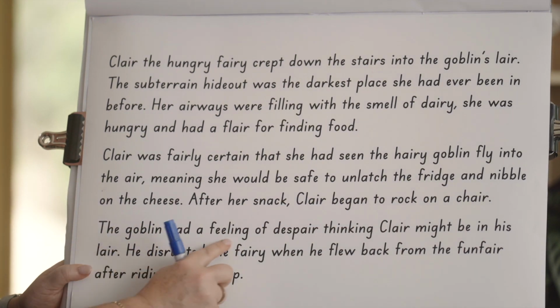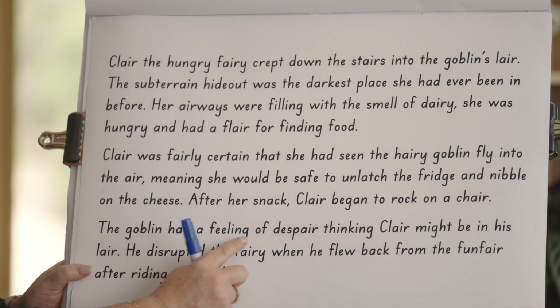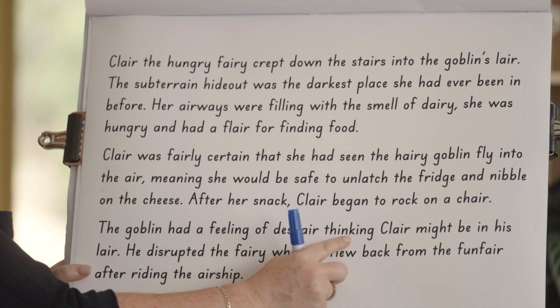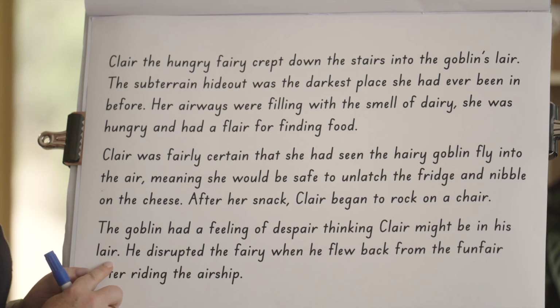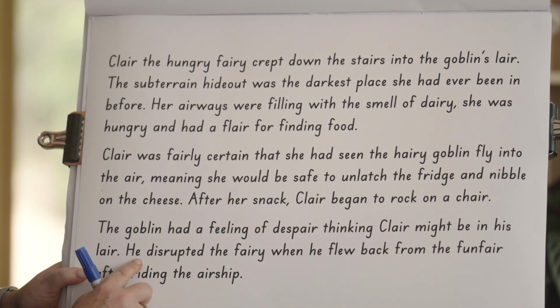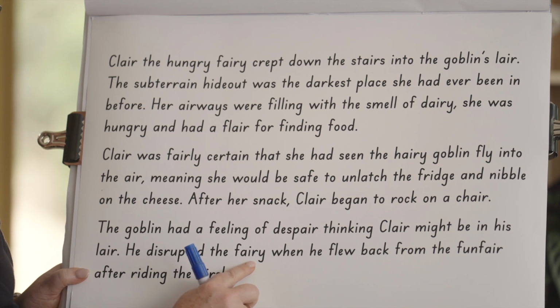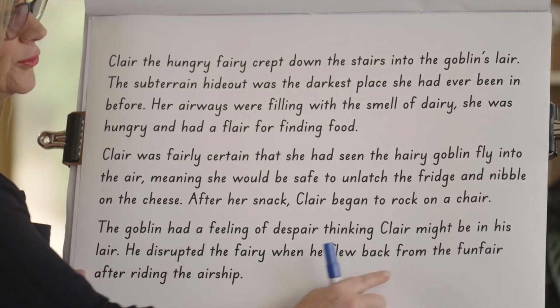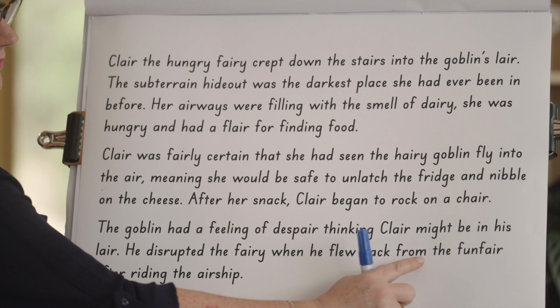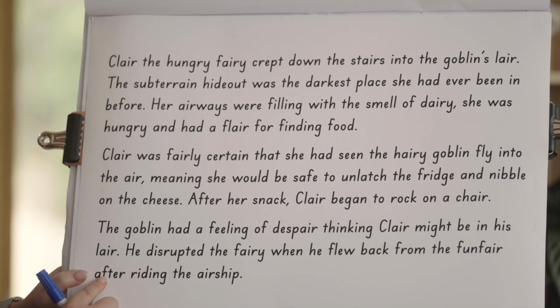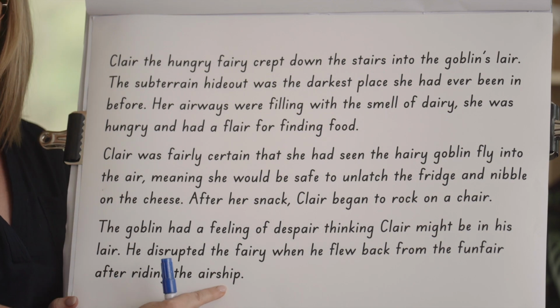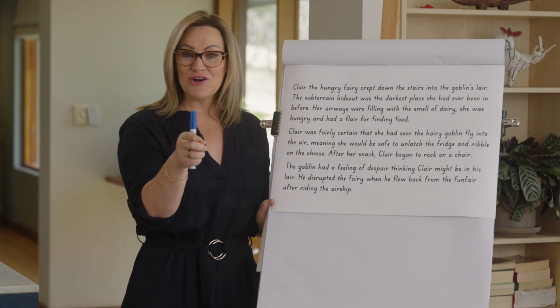The goblin had a feeling of despair, thinking Claire might be in his lair. He disrupted the fairy when he flew back from the fun fair after riding the airship. Good echo reading.